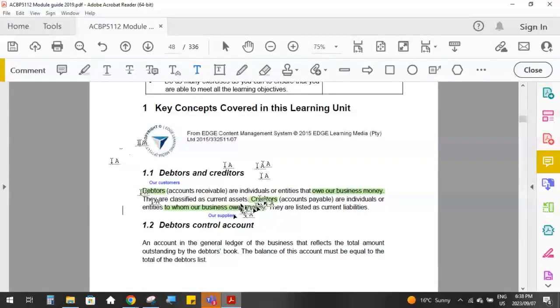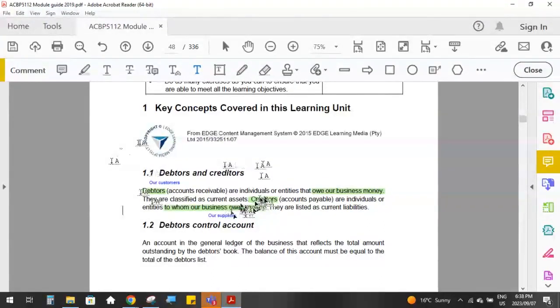So the reconciliation that you've got to do is generally a creditors recon, which is our own records regarding all the transactions with our supplier, with our creditors' records of all of the transactions with us.